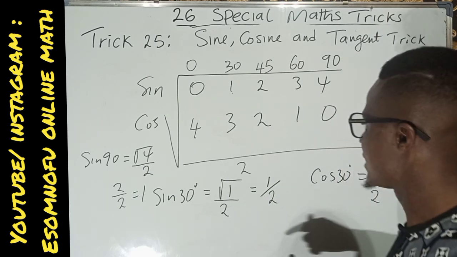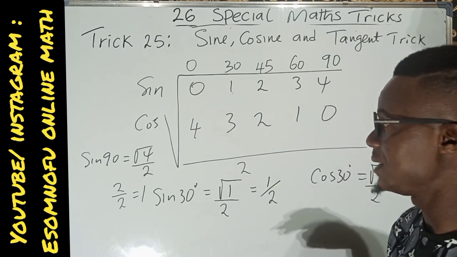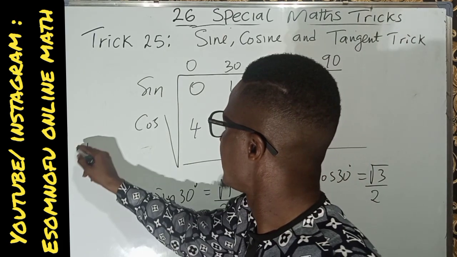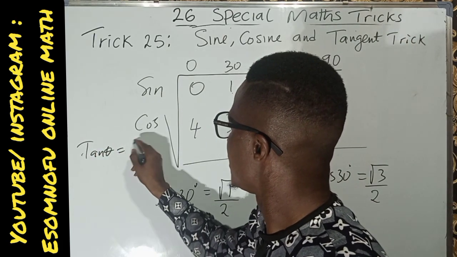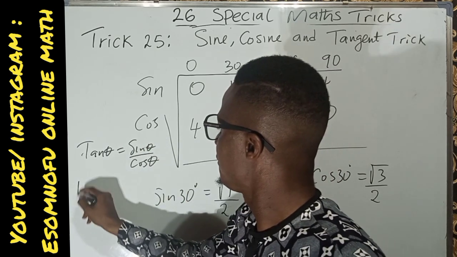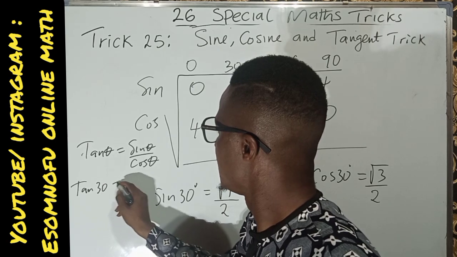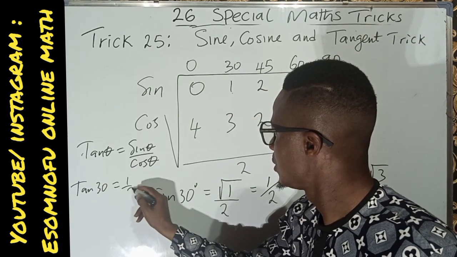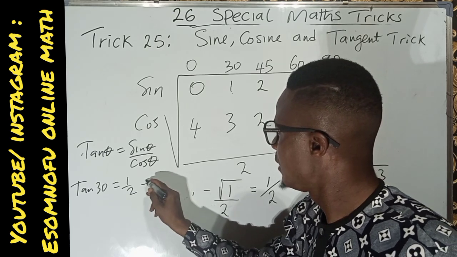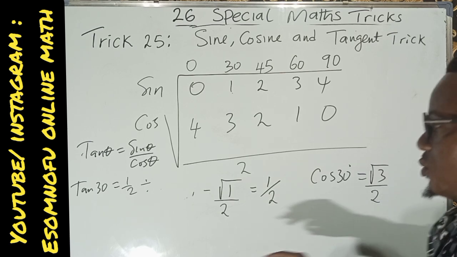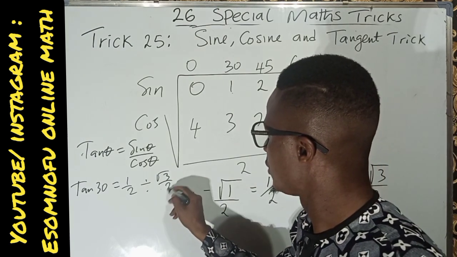Now, if I want to get tan 30, tangent, look at what I will do here. I want you to understand that tan theta is equal to sine theta all over cos theta. Therefore, tan 30 will now be sin 30, which is 1 over 2, divided by cos 30, which is root 3 over 2.